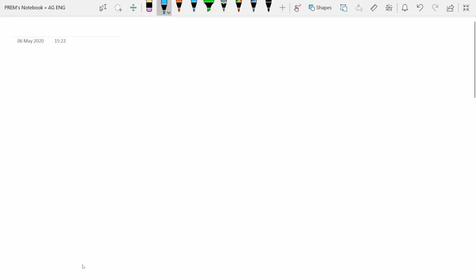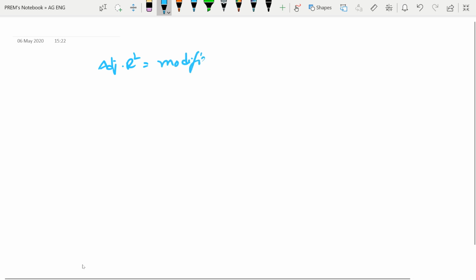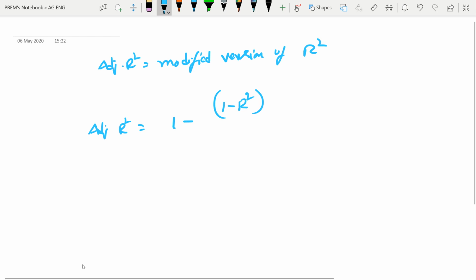So what is the adjusted R square? The adjusted R square is a modified version of R square. The formula is 1 minus (1 minus R square) times (n minus 1) divided by (n minus p minus 1).